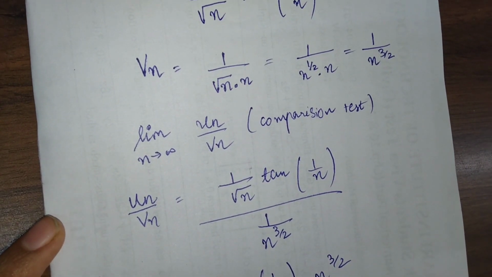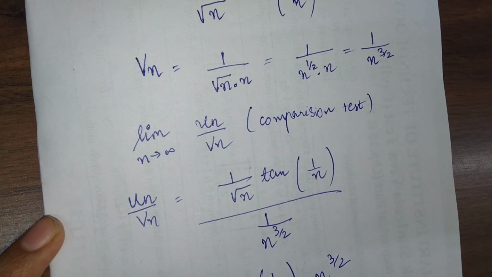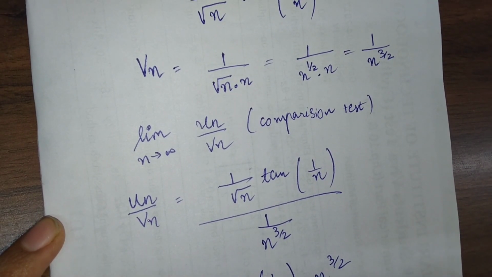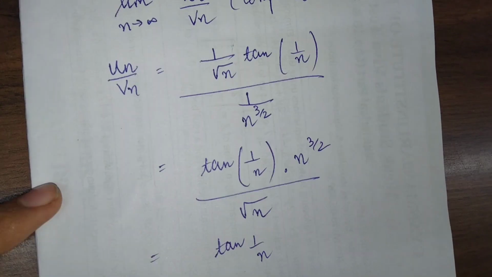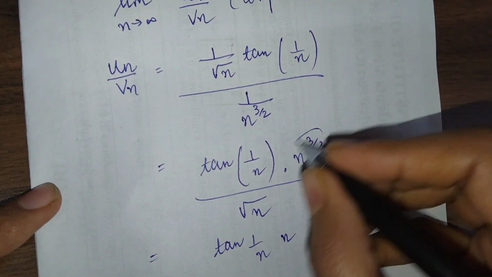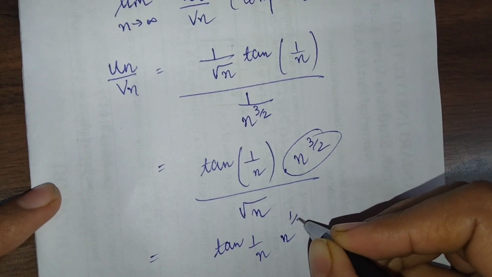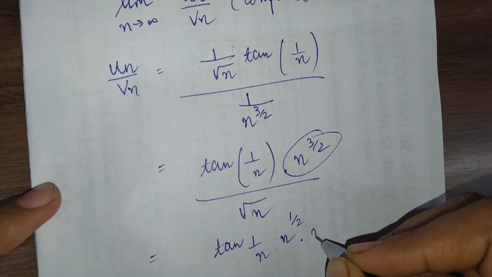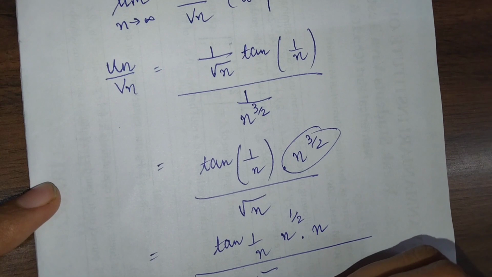Okay? So after solving it, we will get 10 raised to 1 by n. We can rewrite this n raised to 3 by 2 as n into n raised to 1 by 2, upon under root n.